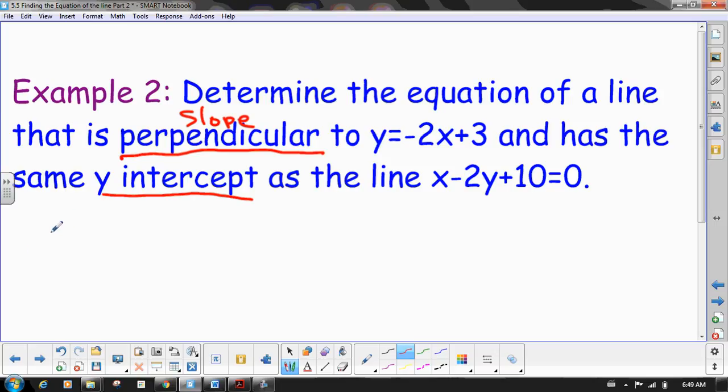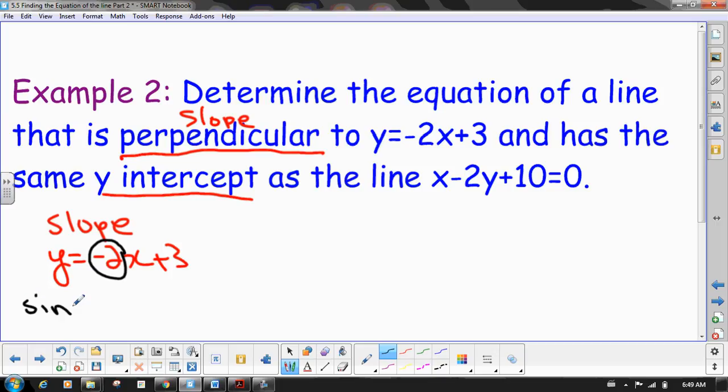So in order to figure out the slope, I'm given the equation y equals -2x plus 3. And -2 is the important part because that's the slope of one line. And since my new line is going to be perpendicular, the slope that I'm going to use is going to be 1/2 because that is the negative reciprocal to -2.